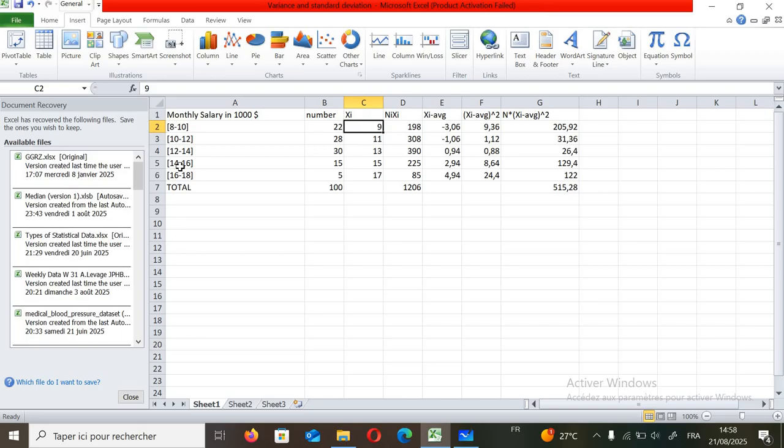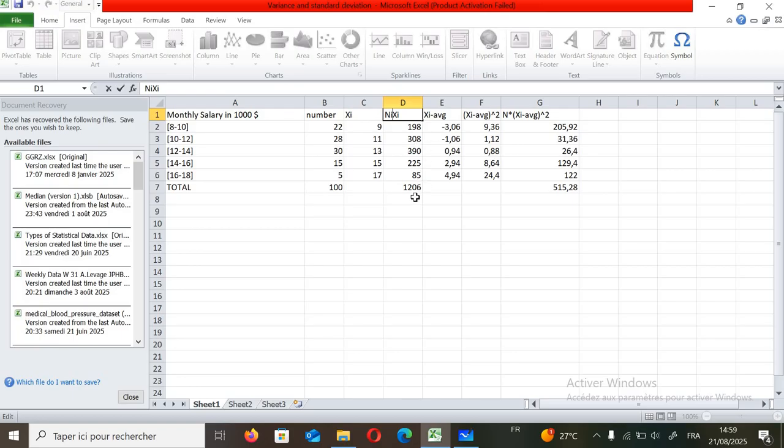Now what we're going to search for is the average salary. If we want to calculate the average salary, we take the character we quantify, multiplied by the number, which is ni multiplied by xi. 9 multiplied by 22 is 198. 11 multiplied by 28 is 308.